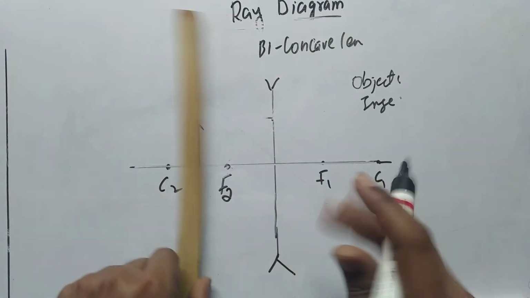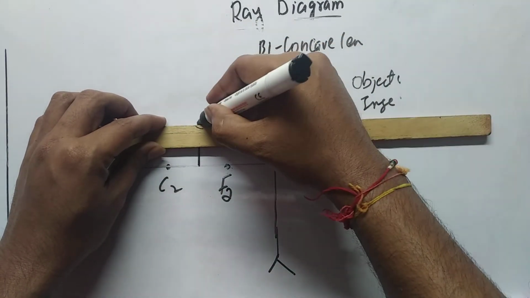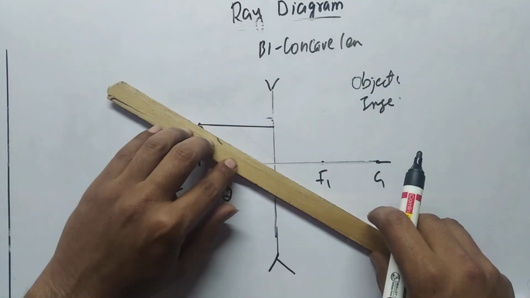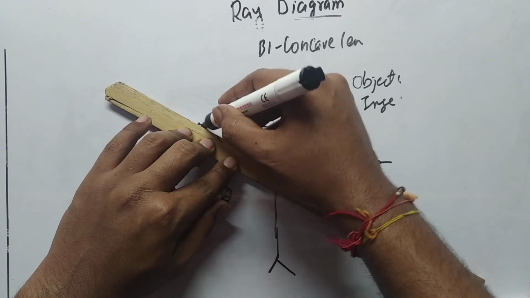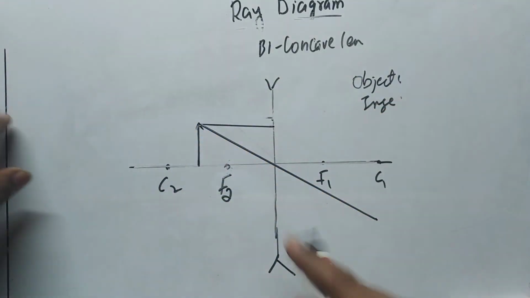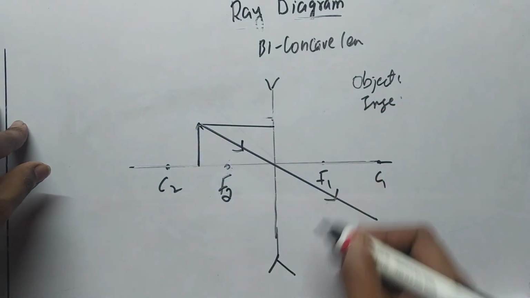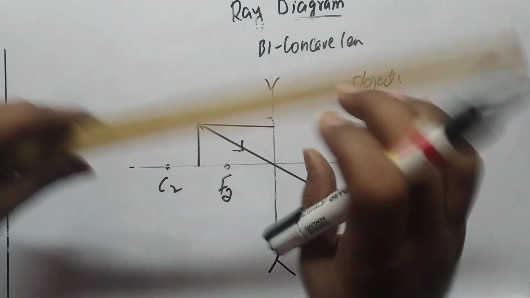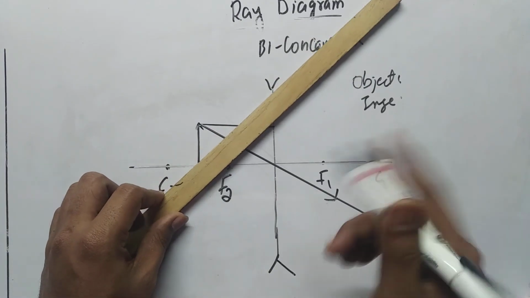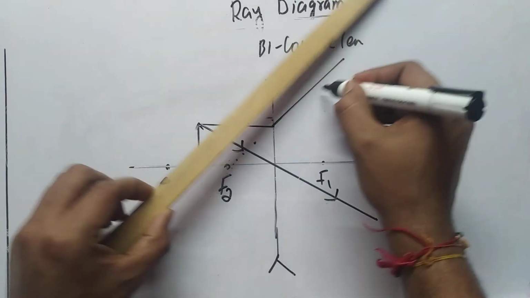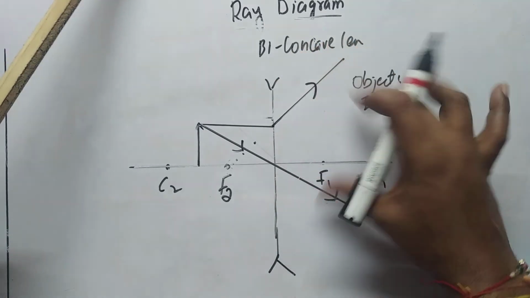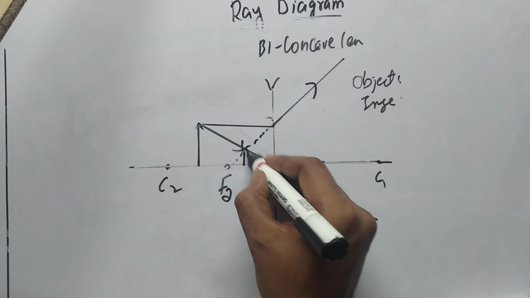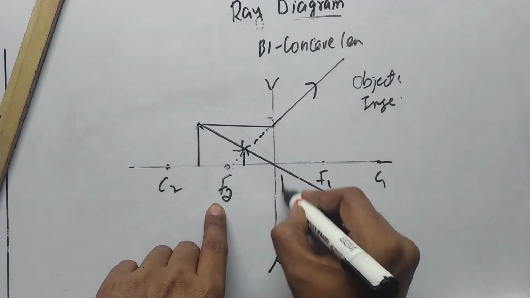If you place an object in between C2 and F2, the first ray we take is parallel to the principal axis. The second ray passes through the optic center. We know that a ray passing through the optic center is not deviated in both concave and convex lenses. But in this biconcave lens, the ray parallel to the principal axis seems to diverge from the focus. If you see these 2 rays, they are diverging. They won't meet, but when you extend them, the image forms between optic center and focus.